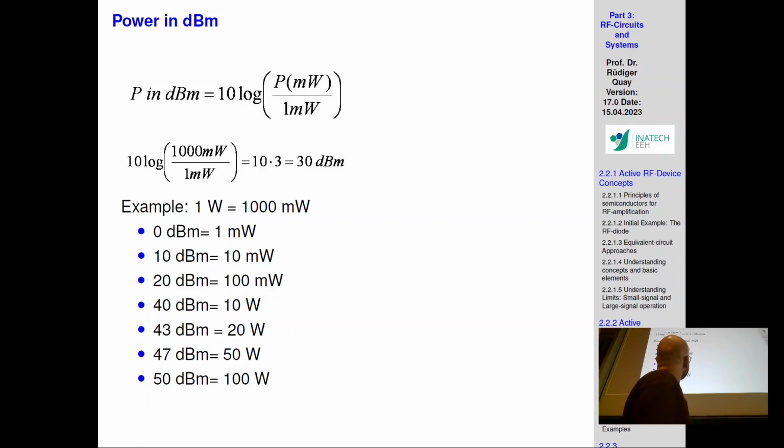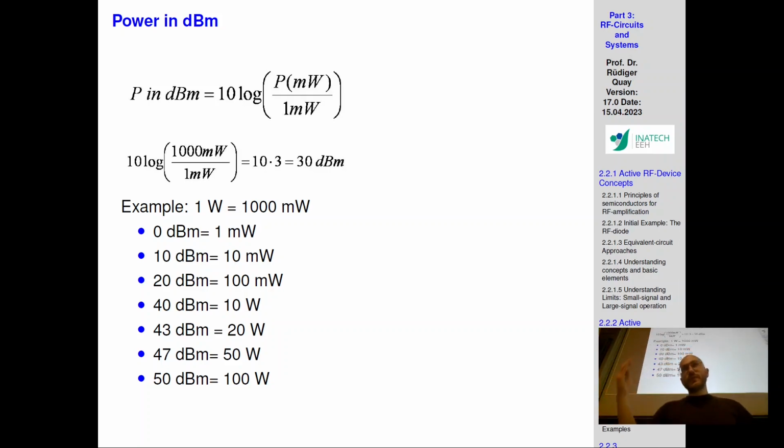And how that transfers as 0 dBm means 1 milliwatt, 10 dBm means 10 milliwatt, and then, for example, 13 dBm means 20 milliwatt. That's an increase of 3 dB is times 2, an increase of 10 dB is times 10. For example, in this case, 0 dBm is 1 milliwatt.